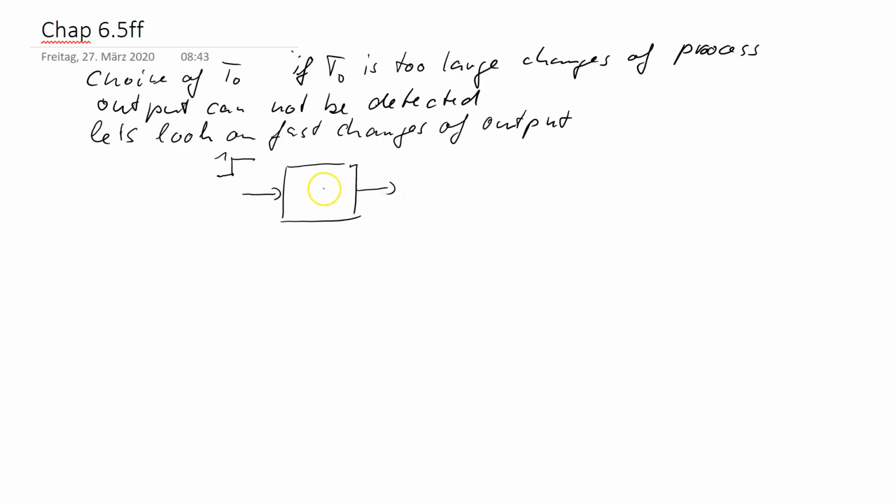It depends on the process. Let's assume a very simple process. The most simple process in control theory for typical systems is a PT1. The fast change at the input can produce a change in the output. If this is Y, the output signal, then the fast change of the output gives the step response of a PT1.